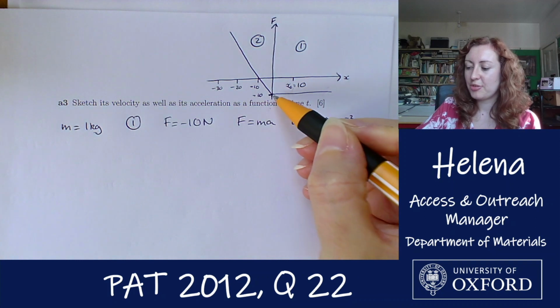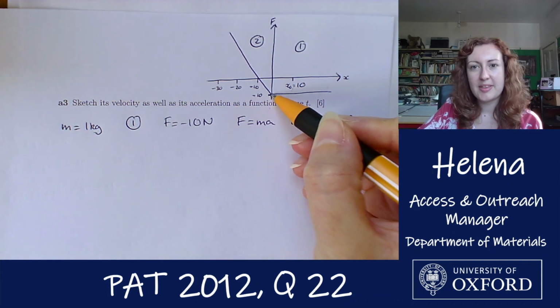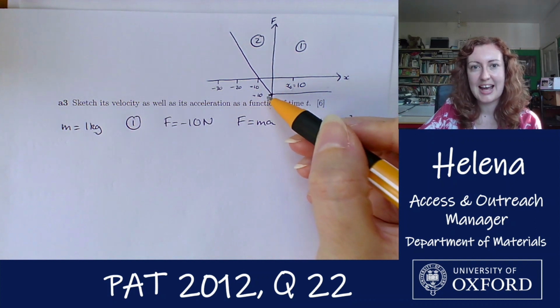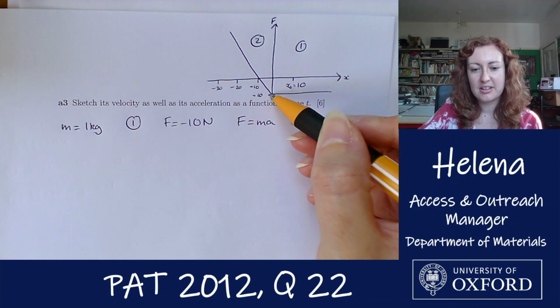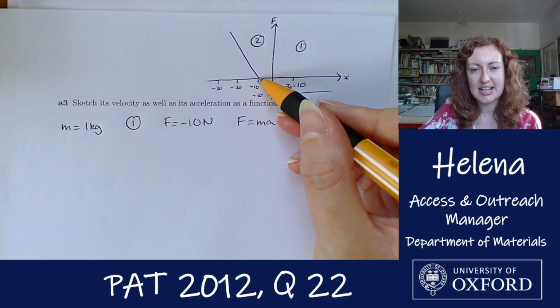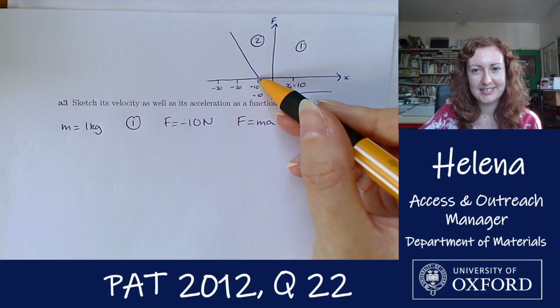Well, if we think about the movement of the mass here, when the mass hits the surface, we still have this negative force. So the force is still acting in the downwards direction. So the particle is moving downwards, and it's still accelerating downwards, just at a decreasing rate.